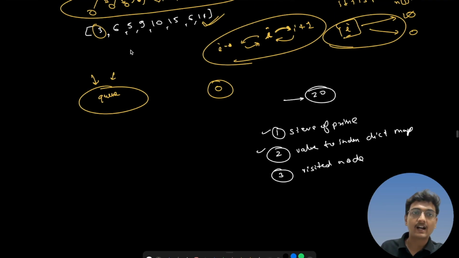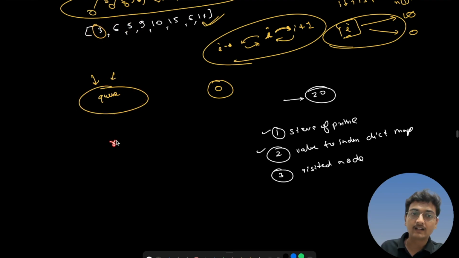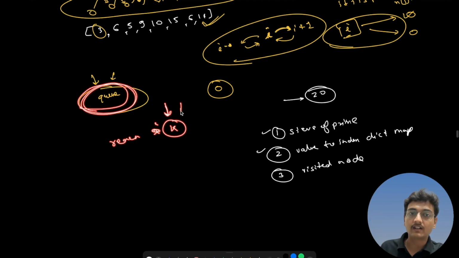So let's say I went here, I went here. Now from this three, I went here directly. Now let's say this five is visited by this. So do I need to visit it from nine? Just for an example, no, I don't need to, because of what the BFS queue structure is. If I can reach any node K using a queue, then the distance to reach that node K is minimum.